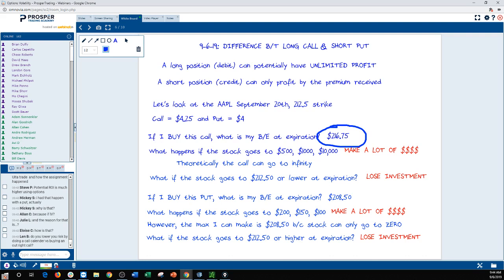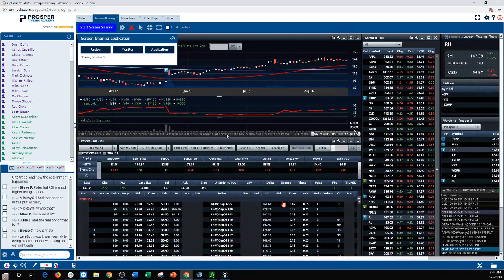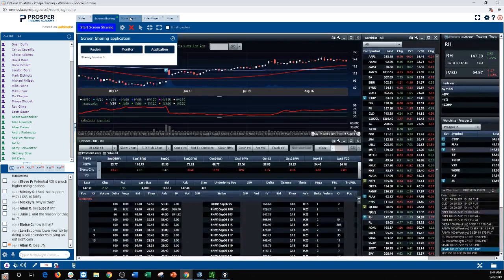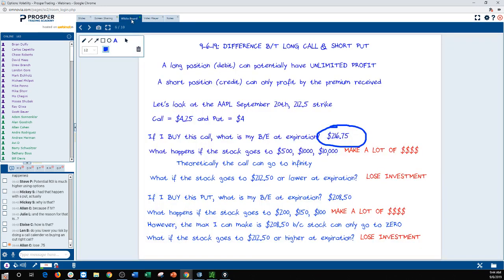If I was just long the stock, I would have made $3.50, from 212.5 to 216. But if the stock goes to 216, my long call is only worth $3.50, and I've lost 75 cents.